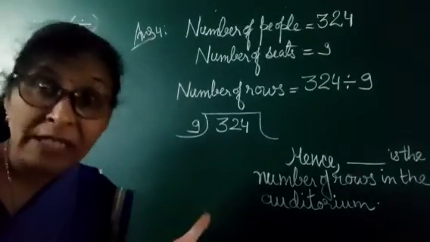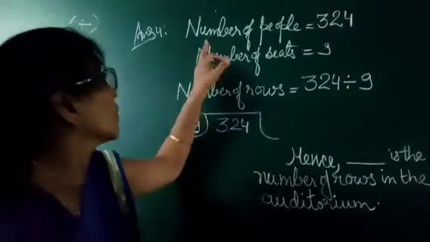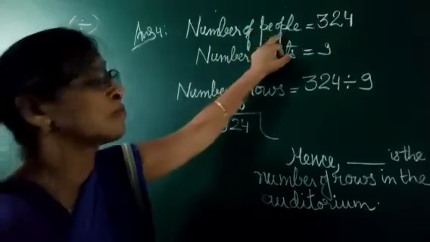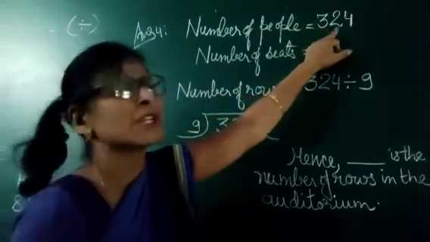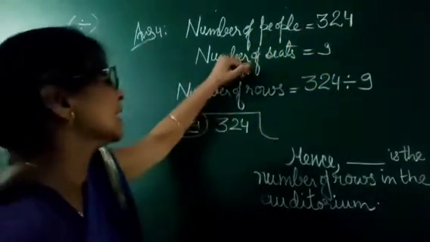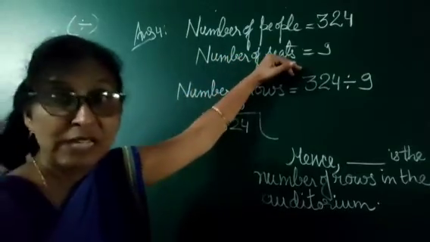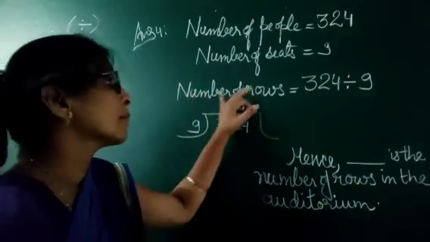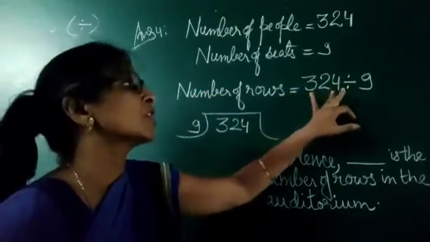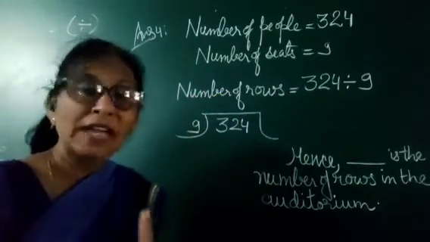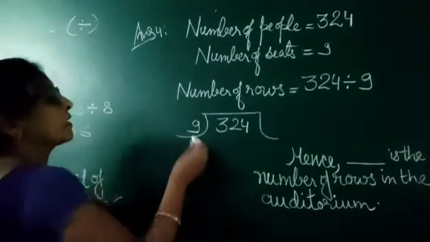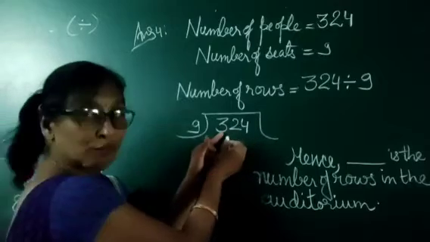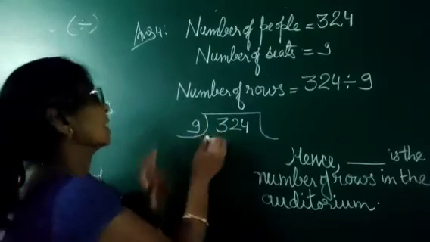So we divide. First we write the statement like this. Number of people, that is 324. Second line, number of seats, 9. Third line, we write number of rows is equal to 324 divided by 9. 9 is the divisor, we write it here, and 324 is the dividend, so we write it here.